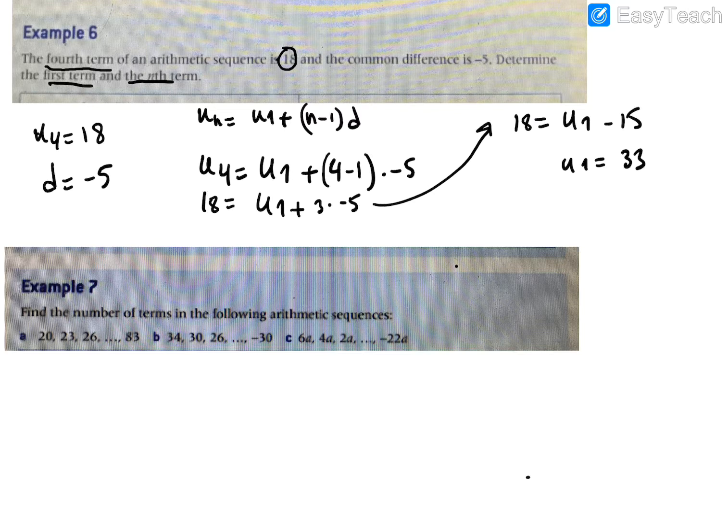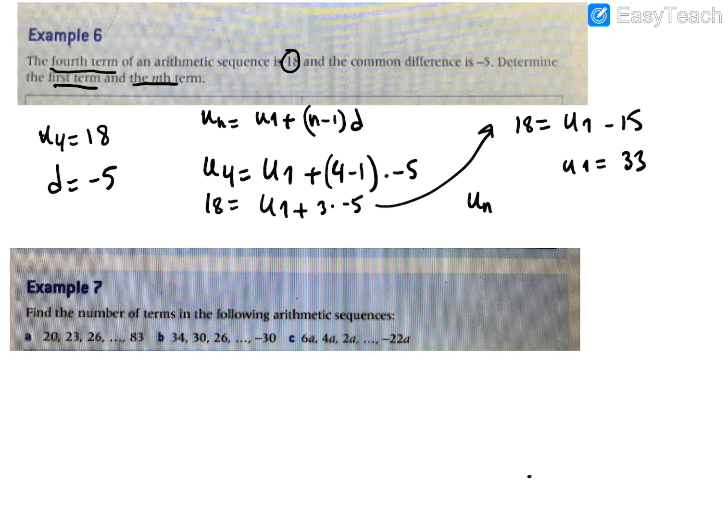Okay, once you get the u1, you can find the n term. Let us plug all the values into the equation, and then we will get the n term. So un that I'm looking for equal to u1. What do I know about u1?